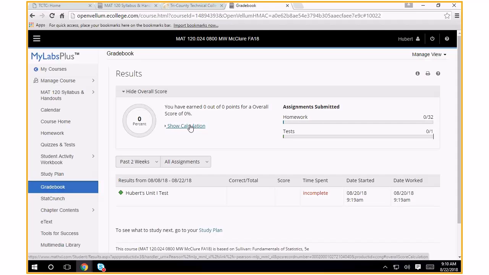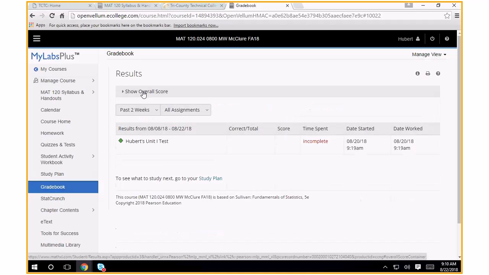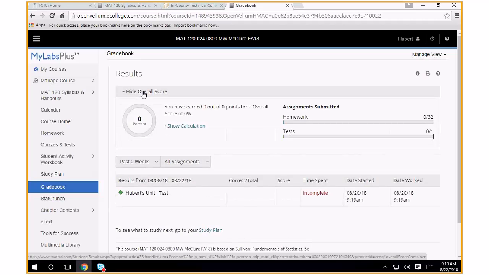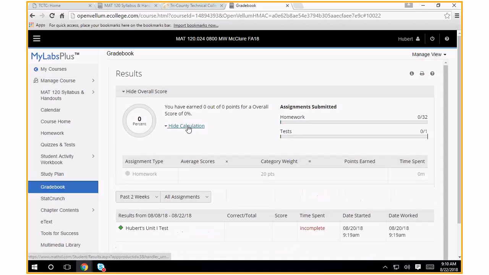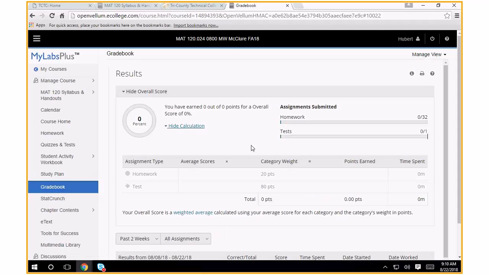I know this is very difficult material. Very difficult concepts. Okay, so write those 2 down. Grade book, show overall score, and once you hit show overall score, you hit what? Show calculation.